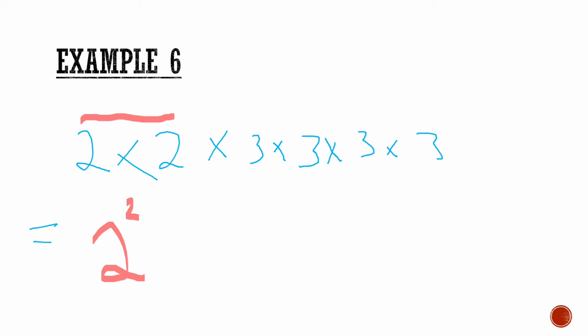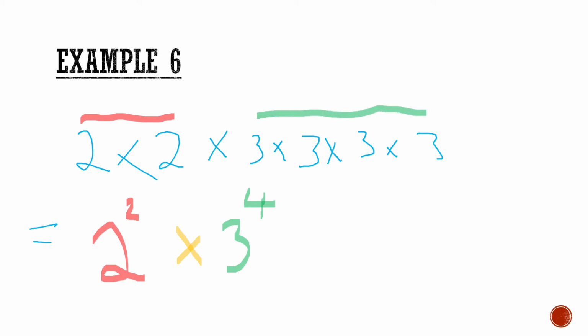And here, doing it in a different colour, remember this times here. And then 3 times 3 times 3 times 3 is going to be written as 3 to the power of 4. So that is my general way of writing this in index form.